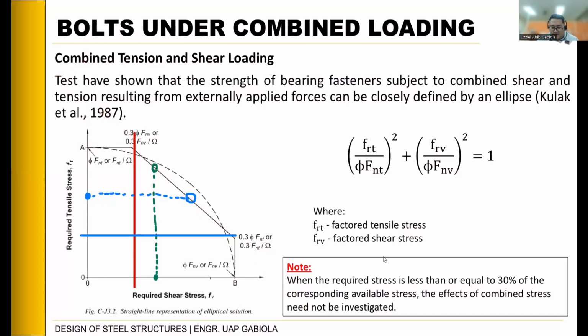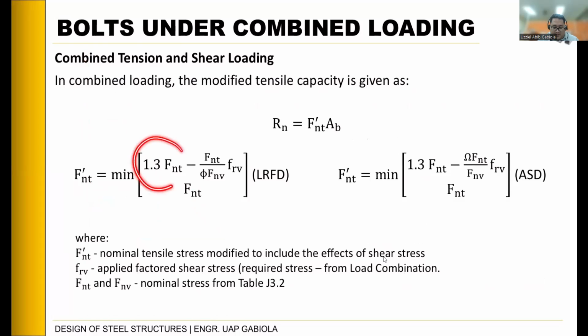Kaya nagkaroon ng value na 1.3 FNT dito, minus, ito yung slope ng mismong line natin, multiplied by small FRB. And ang meaning nun, applied factored shear stress o yung required shear stress natin based from load combination. So, mamaya i-discuss natin through example na lang paano kinukuha tong small FRB.